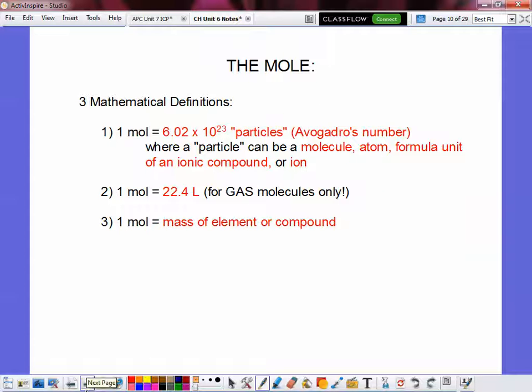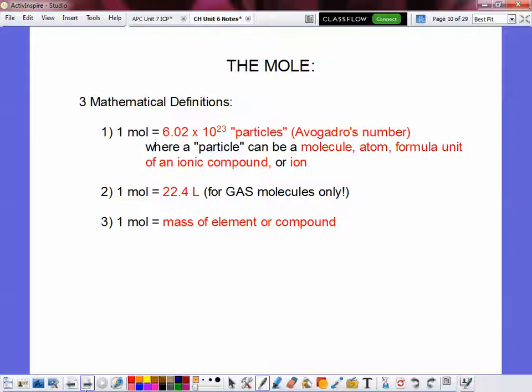There are 3 mathematical definitions of a mole. The first one is 1 mole is equal to 6.02 times 10 to the 23rd particles, where a particle is a molecule, an atom, a formula unit of ionic compound, or an ion. Remember, that's Avogadro's number.